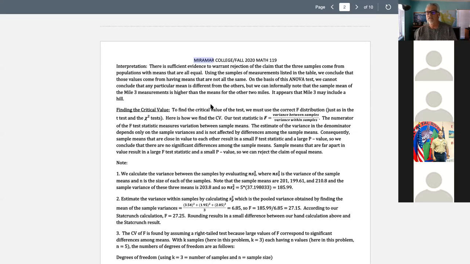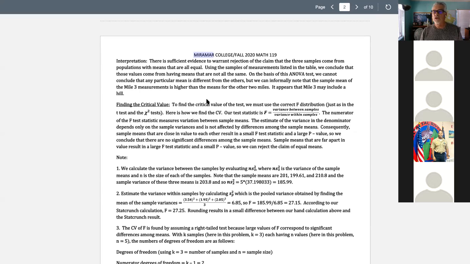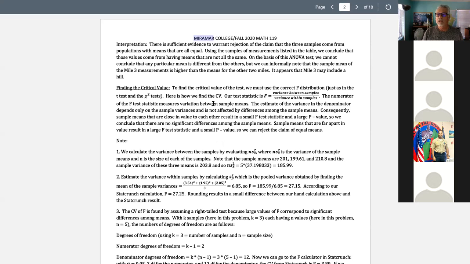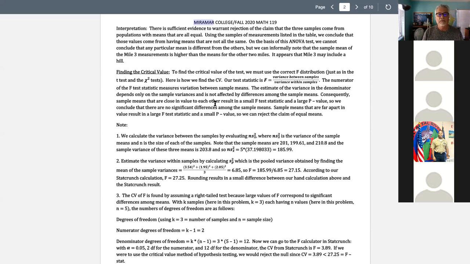Beyond that, we have to be very careful about stating which of those means might not be equal to the others. Certainly mile 3, because it has a higher mean, may be different in terms of the average time it takes. It might be a little more.